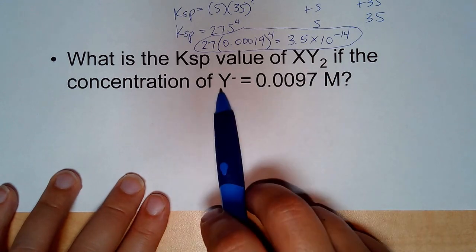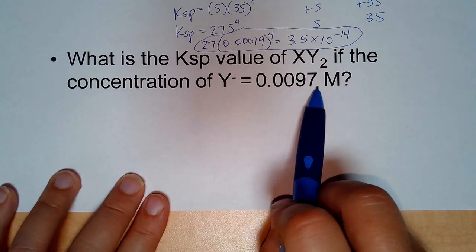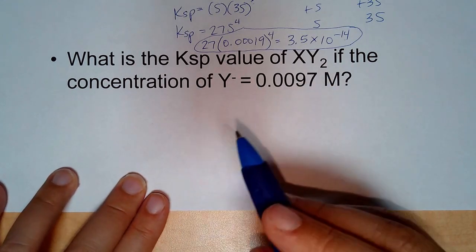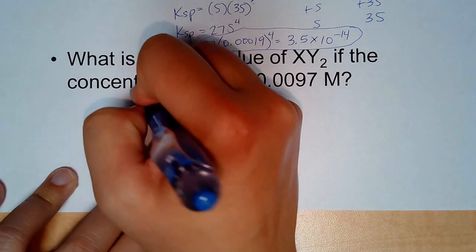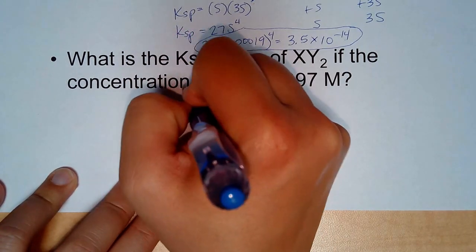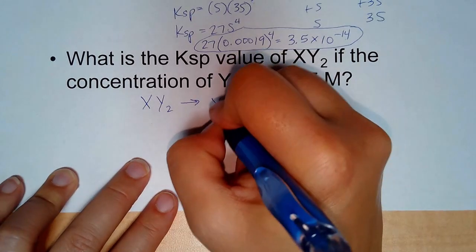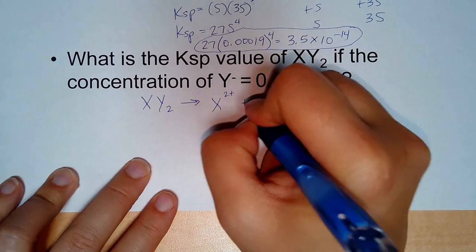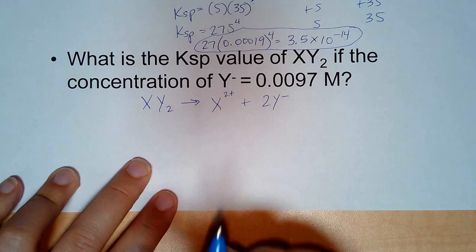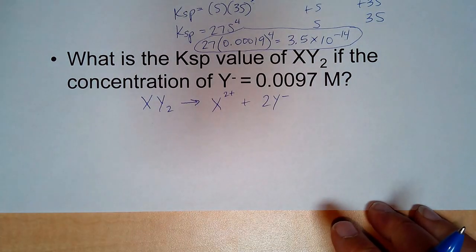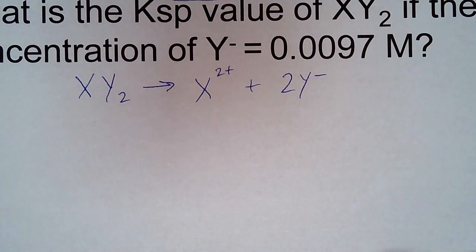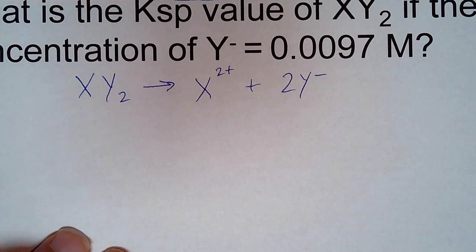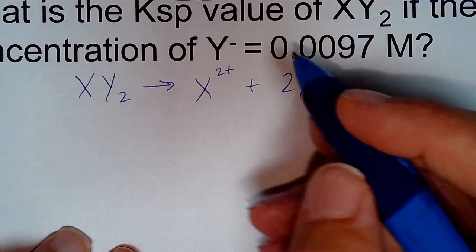So again, let's break down our compound. We're going to have X^2+ and 2Y^- for how this breaks down. Alright, and we're given the Y minus value. But let's do our ICE table and figure out what this would be.